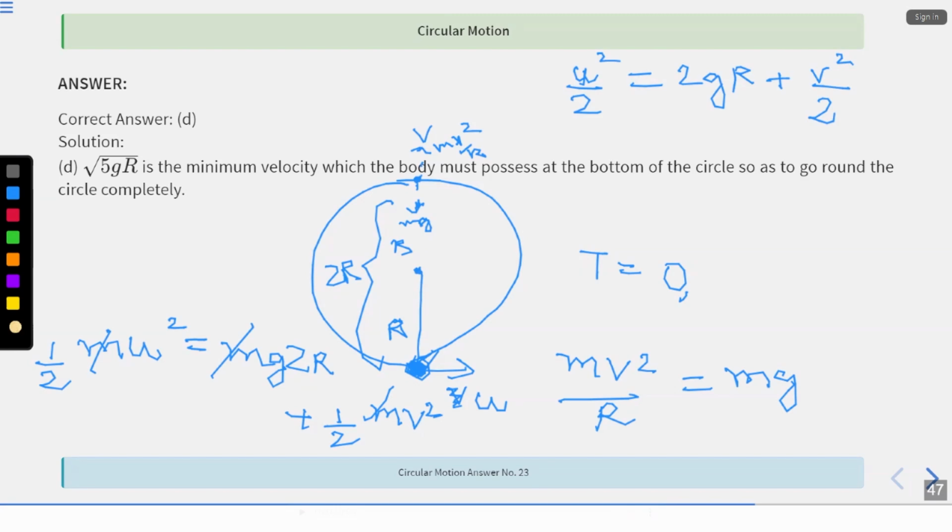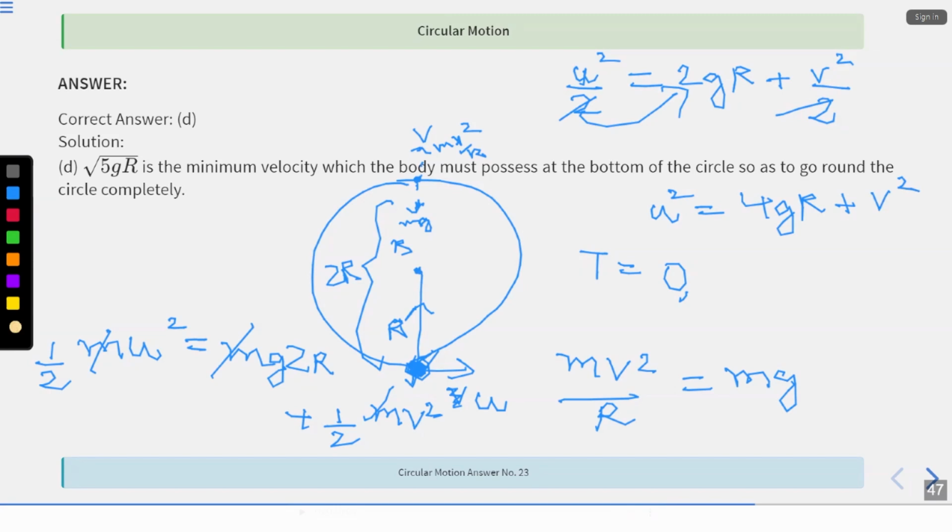And that will further be written as u square equal to 4gr plus v square.